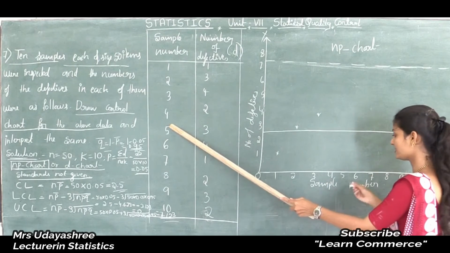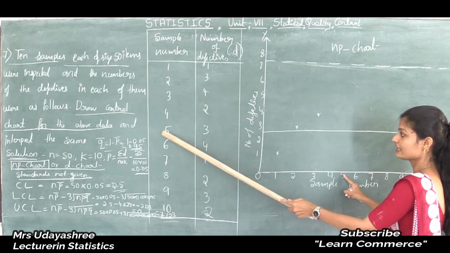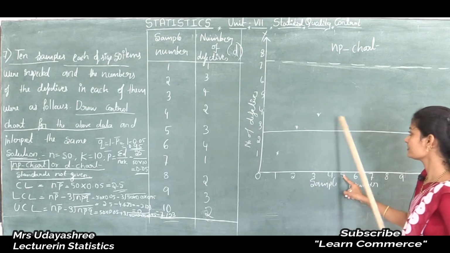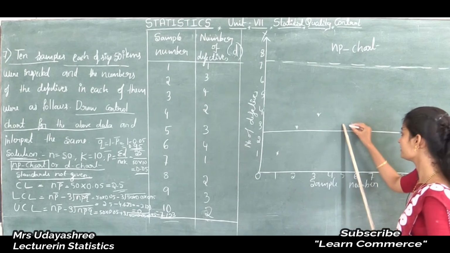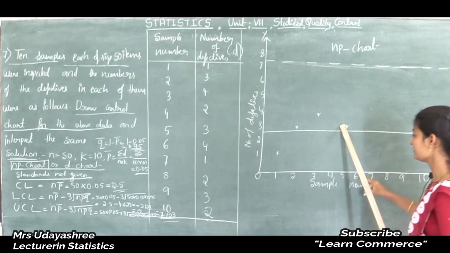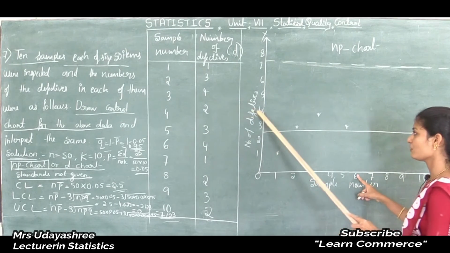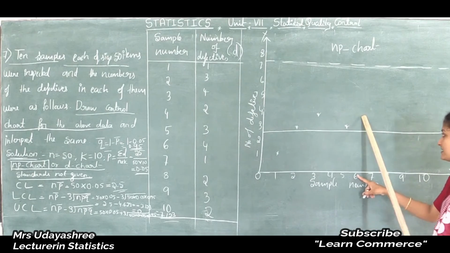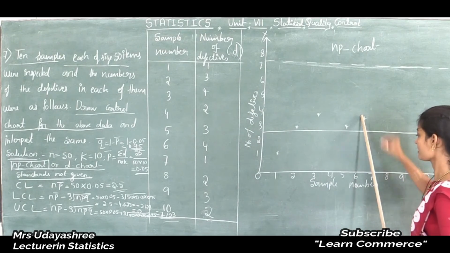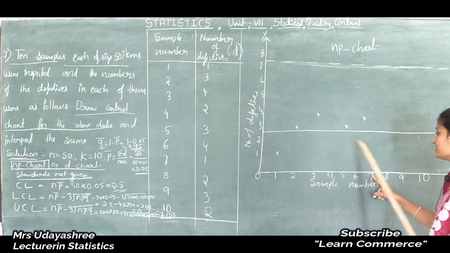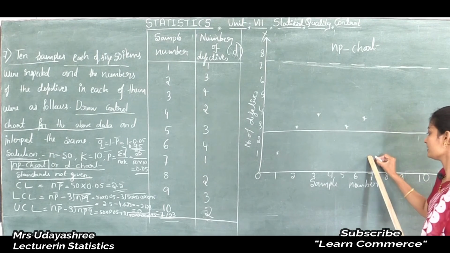Next, sample number 5. See, 5 is here. The corresponding value is 3. So 3 is here. That place is here. Here I will put one mark. Next, 6 and 4. 6 is here, 4 is here. The corresponding place is here. Next, 7 and 1. 7 is here, 1 is here. Here I will put one mark.